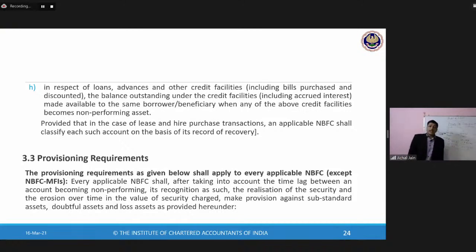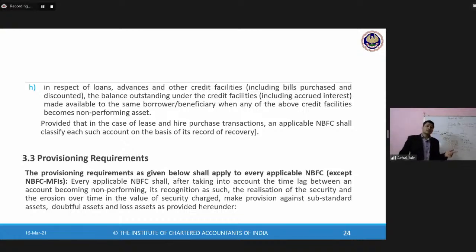Now, as per the requirements of RBI, or we can say as per the regulatory requirements, the moment an asset becomes NPA, or it shifts from one category to another, some provision is required to be made. Provision means a provision in respect of known recoverability of the amount towards that asset.